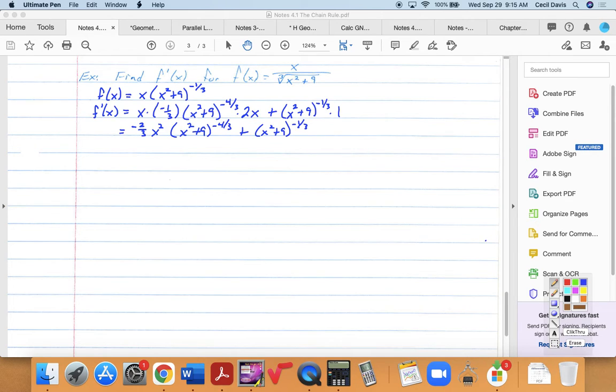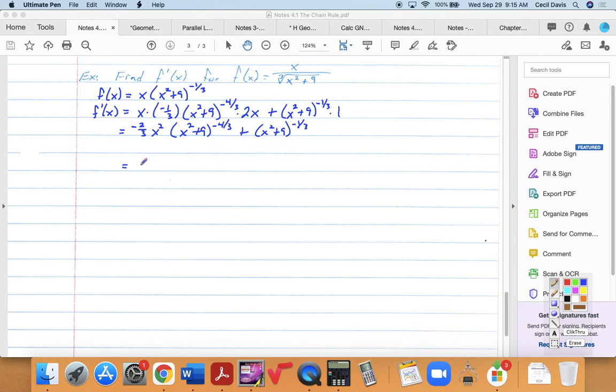Again, simplifying this completely, we would like to factor out what we can. And again, we have x squared plus 9 to different powers. I'll factor out the least power, which is negative 4/3.